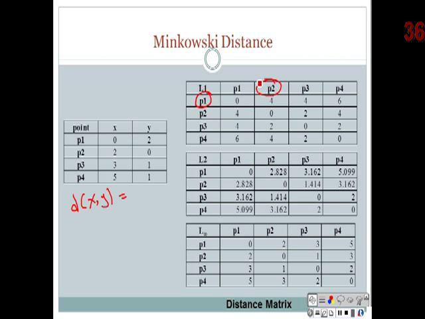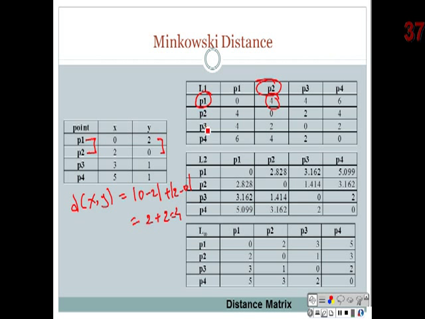Just to give you an example, P1 and P2. In this case, you're saying, give me the absolute value of 0 minus 2 plus the absolute value of 2 minus 0. In this case, this is the absolute value, so I have here 2 plus 2, which is equal to 4, and I was able to get this number here.